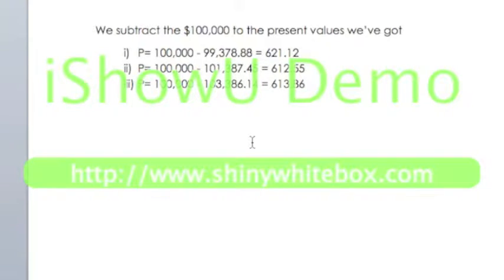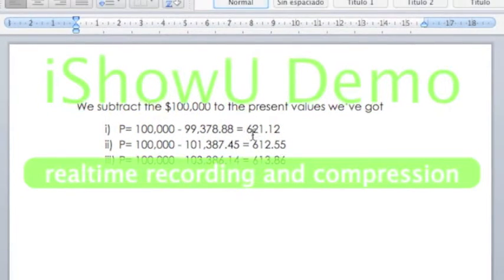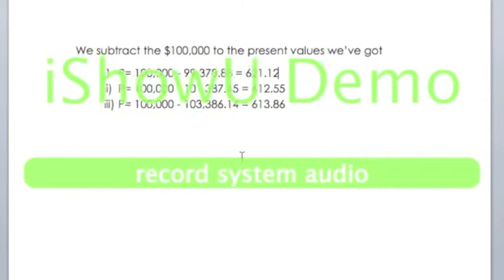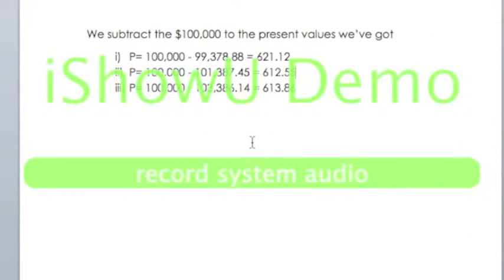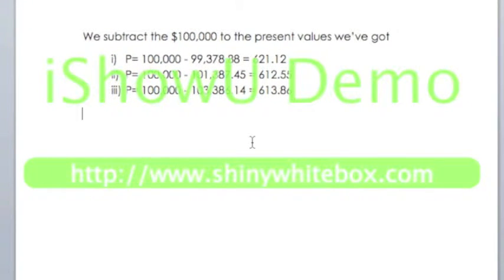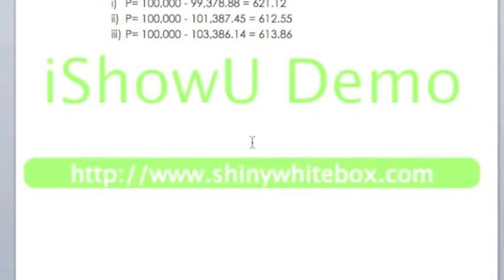So we subtract the 100,000 from the present values, and we get the next values. Option 1 is 621.12. Option 2 is 612.85. Option 3 is equal to 613.86. This is the amount that is missing to reach the 100,000.